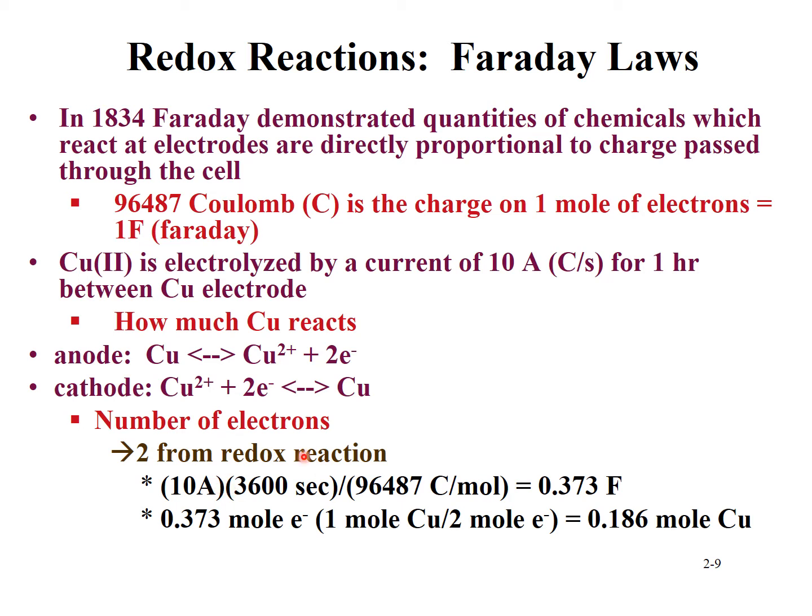So 10 amps, that's 10 coulombs per second. It's 1 hour, so that's 3,600 seconds. And we know that coulombs per mole is defined as a Faraday, so we get a value for how many Faradays there are. That's moles of electrons. We know that 2 moles are needed for the copper reaction. So we use this to determine how many moles of copper react.